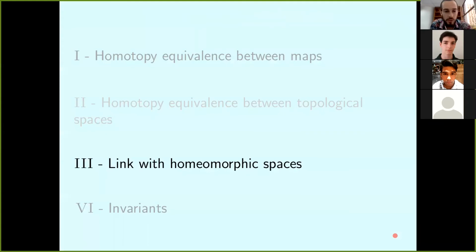So as you may understand, what we've done here is very similar to what we did yesterday, when we tried to classify topological spaces into homeomorphism equivalence classes. And there is a link between homotopies and homeomorphisms.